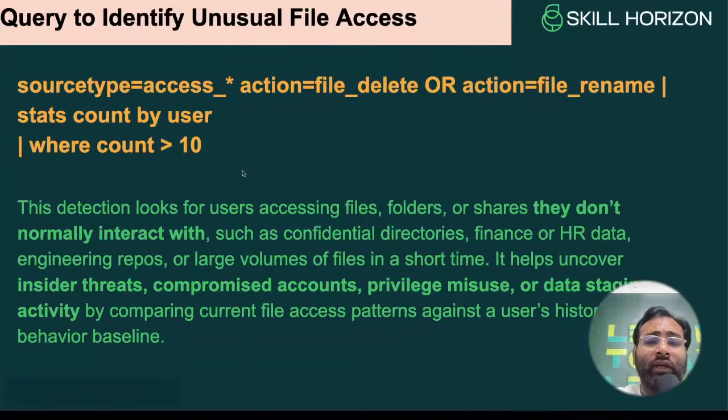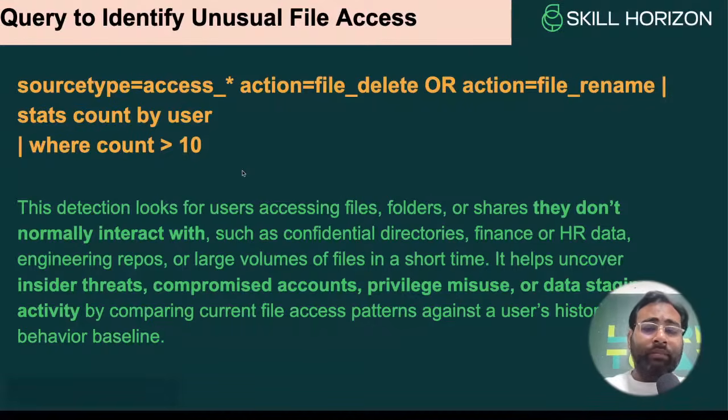The next we have is unusual file access. If the system got compromised or if your files are being accessed unusually, we can easily detect it with the help of this Splunk query. This query is basically looking for any user accessing files, folders or shares that they do not normally interact with, but now they are.